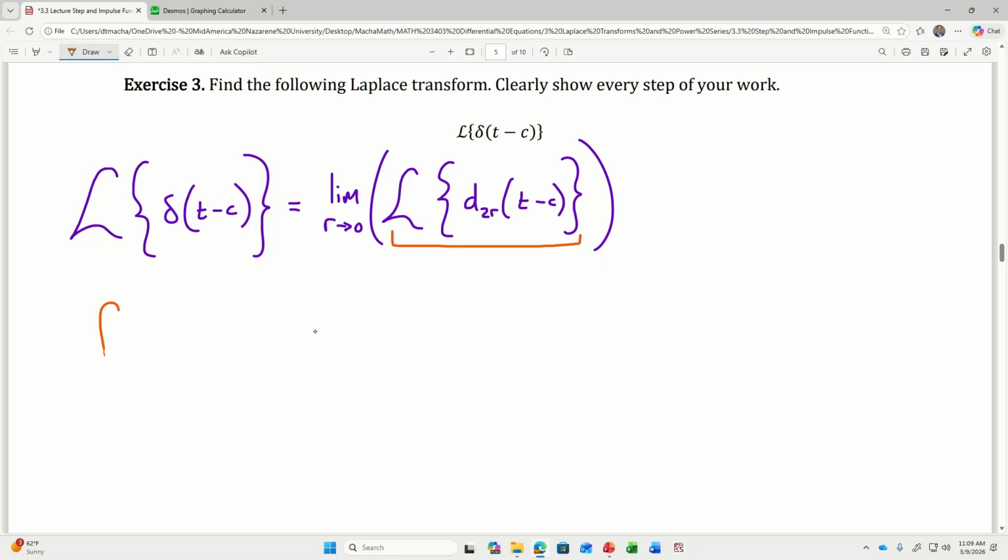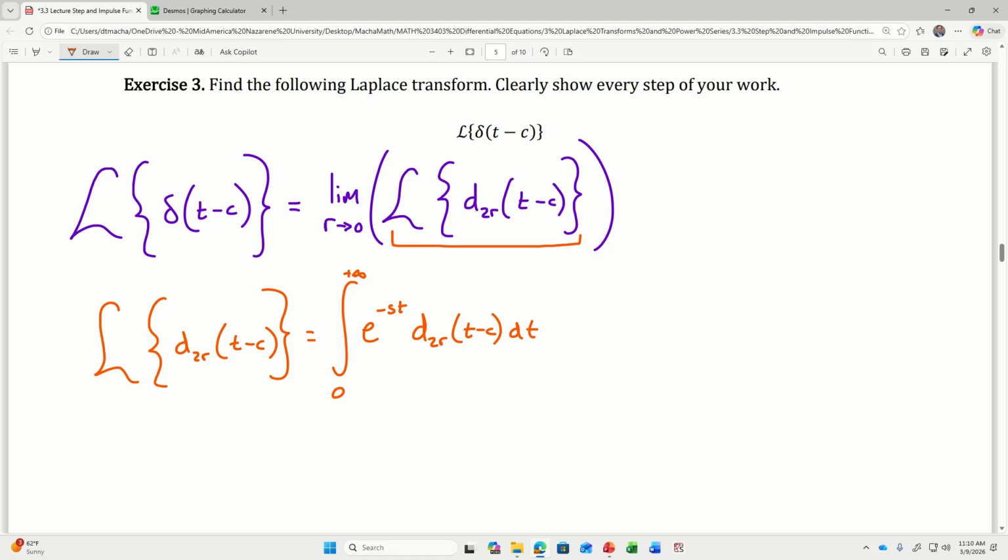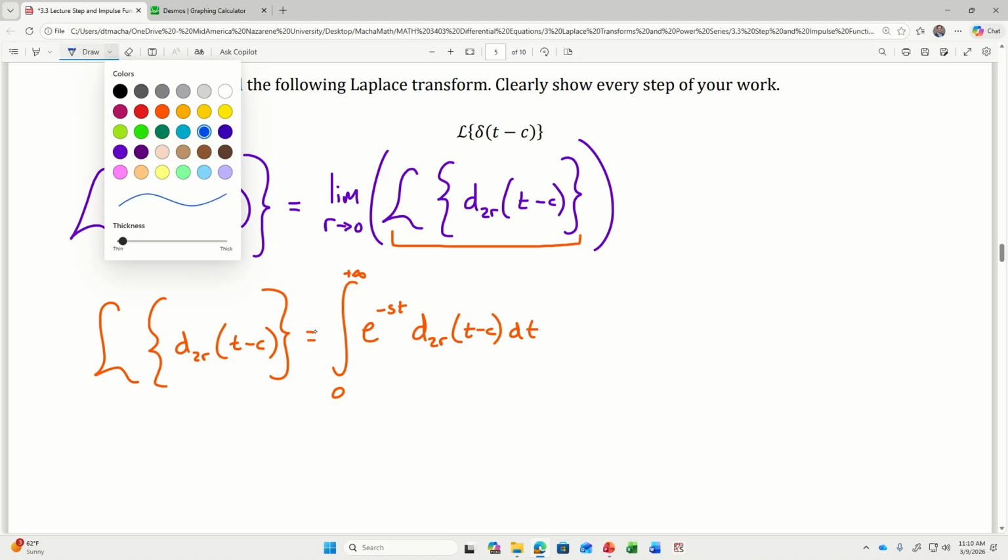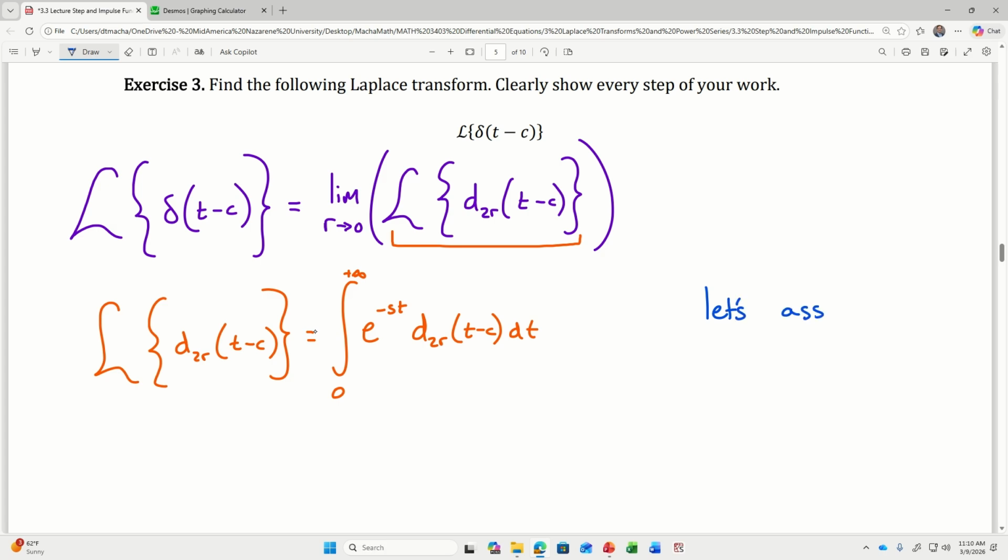What would that look like? The Laplace transform of the unit pulse function with duration 2r would be the integral from 0 to infinity of e to the negative st times my function, and let's assume that c is greater than 0.